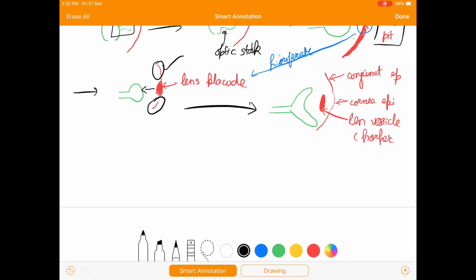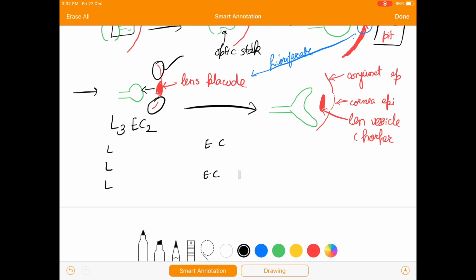So we have a mnemonic for this surface ectoderm. It is L3EC2. Okay, we have it as L3EC2. So let us write first 3 times L and then we will see EC.